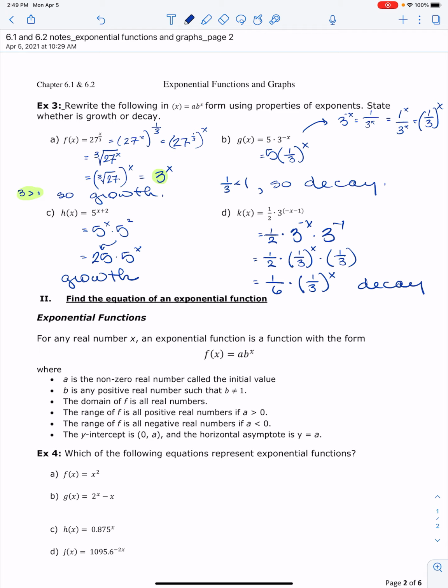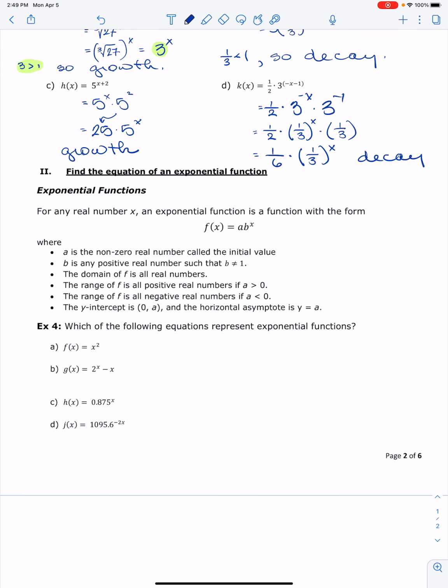Okay? So exponential functions have to have an x as the exponent. Okay, so here's our form, a times b to the x. And hopefully, as you saw above, we typically can isolate the x in that exponent.